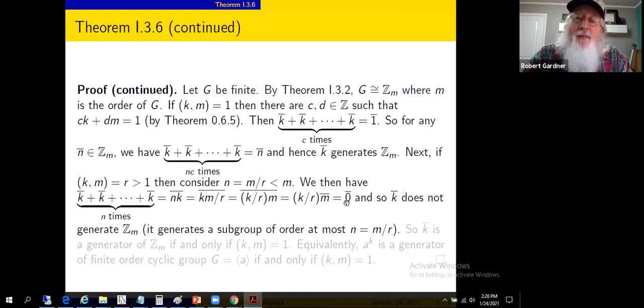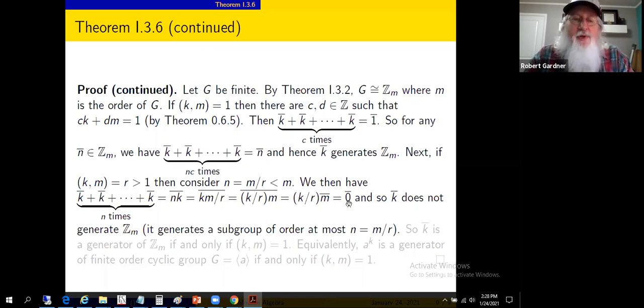We're in Z sub m. So the equivalence class containing m is the equivalence class containing 0 bar. We get K over R copies of m bar, or K over R copies of 0 bar. So we get 0 bar out from the arithmetic there. And K bar doesn't generate Z sub m. What we're getting is it's generating some subgroup.